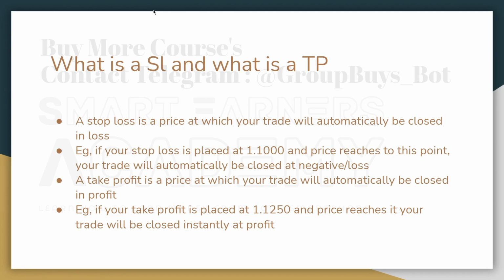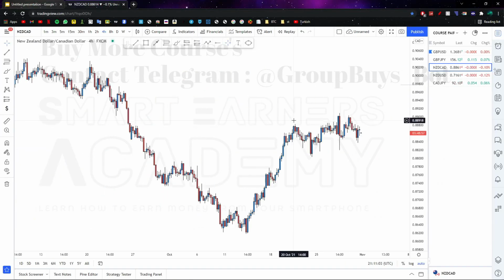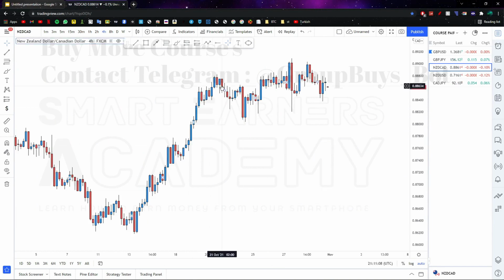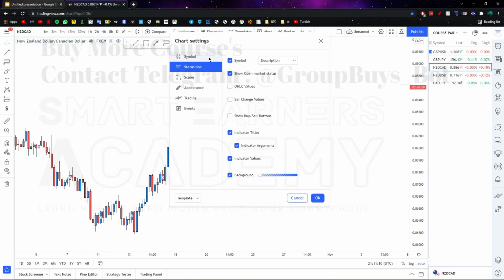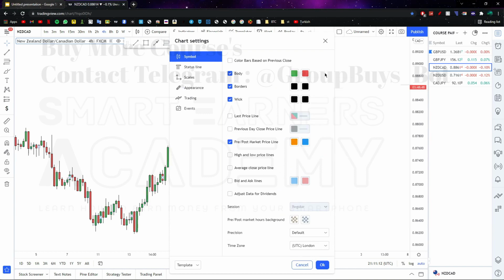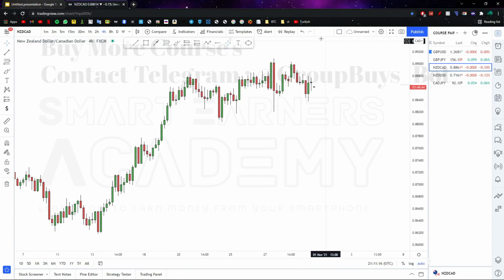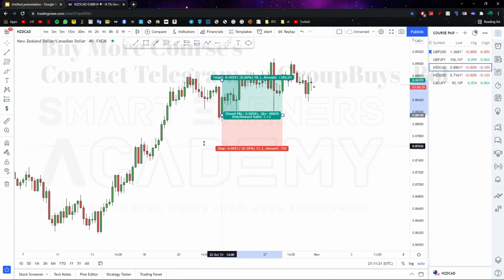And if I just show you this on the charts, let me just quickly change this to green so it looks cleaner. Okay, so let's just say you entered a trade over here. I'll just represent this as our trade.